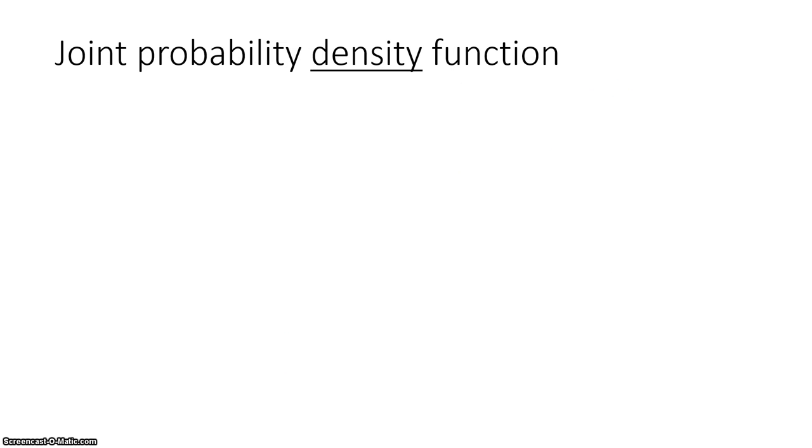Now, when we talked about joint distribution functions for discrete random variables, we called them probability mass functions. When we're working with continuous random variables, we don't call them that. We call them joint probability density functions, and so those would be called joint PDFs.